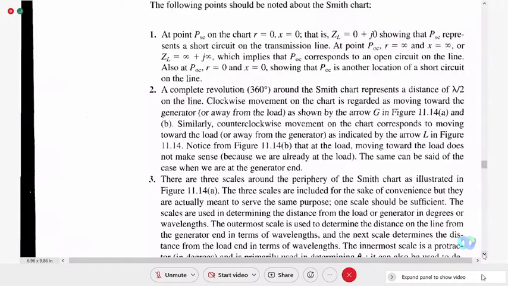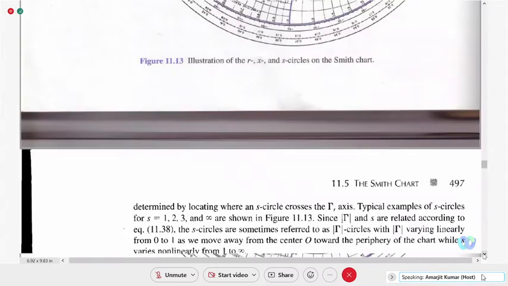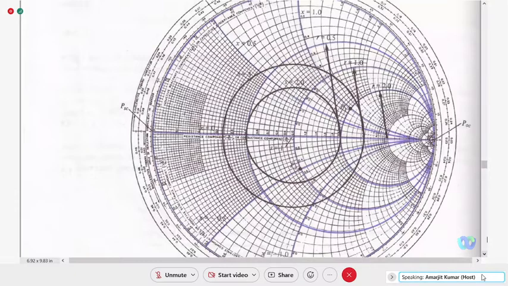Okay, so maximum and minimum voltage location on the Smith chart, did you get it or not? So magnitude of Z in max is equal to Vmax upon Imin. So Vmax occurs where Z in max is located, that is on the positive gamma R axis. Positive gamma R axis means, here it is written as POC, point of open circuit.